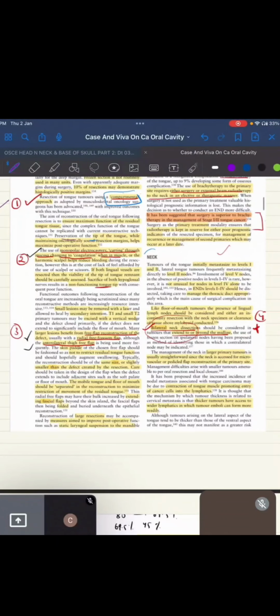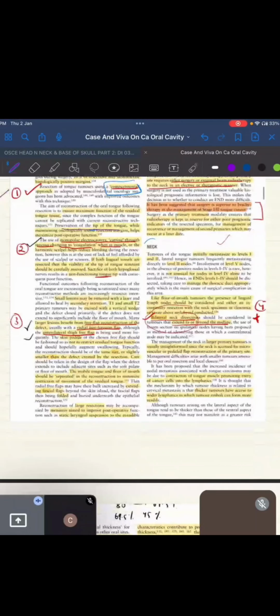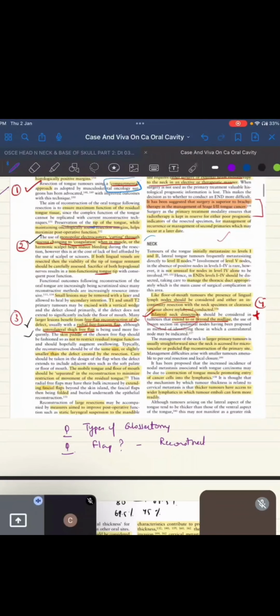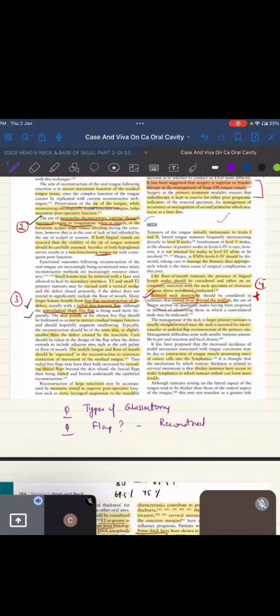You have to preserve the tip of the tongue, because it helps in maximizing post-op function. Second, types of glossectomy. And what flap will you use to reconstruct? These two questions are expected questions.